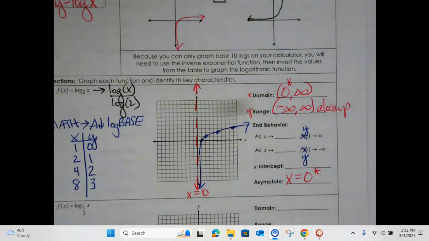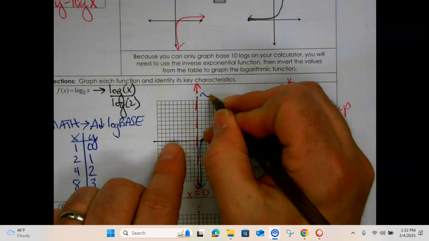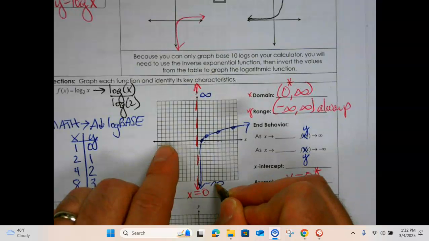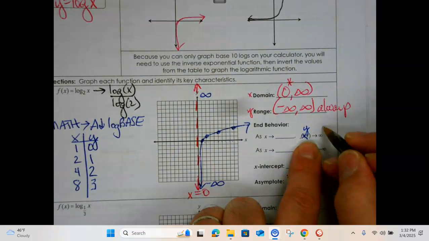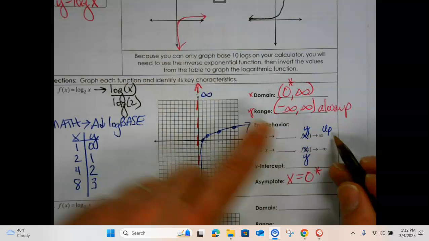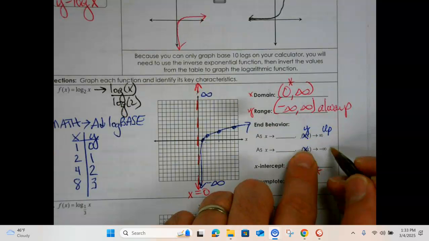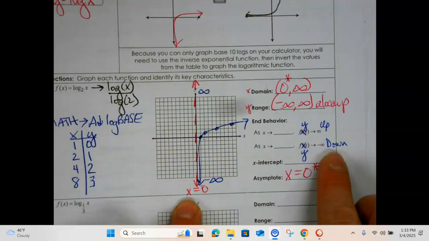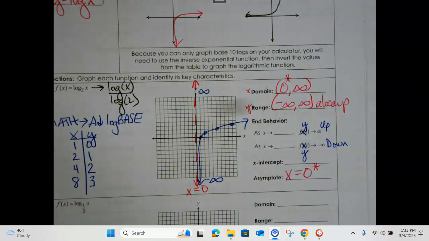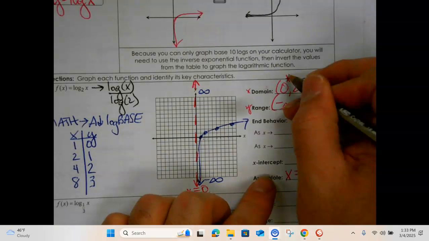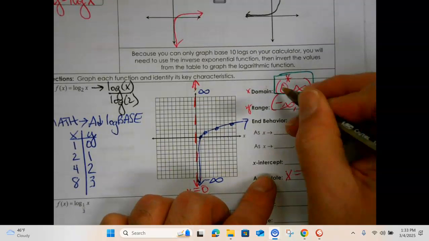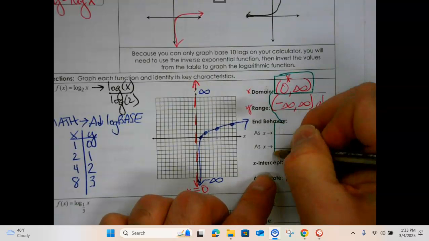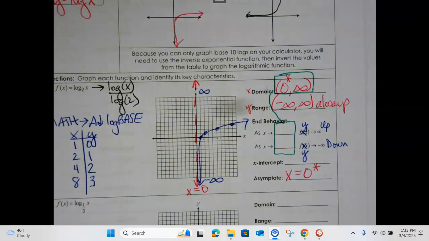Well, now we're talking what happens when y goes up to positive infinity? What happens when y goes down to negative infinity? And yes, just like we had before, your domain values will match with these.